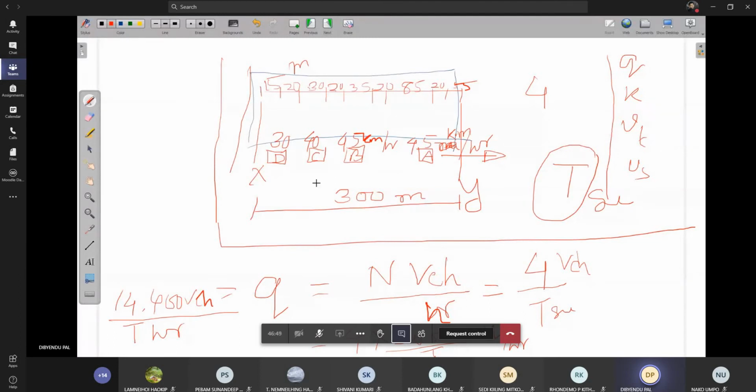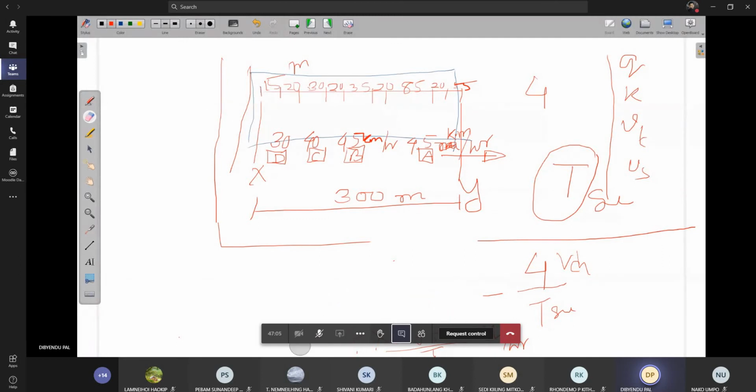Next part is you need to find out the density. So how to find out the density? What is the definition of density? Density is basically the number of vehicles present over a particular length of the road section. So in this particular case, how many vehicles were present?